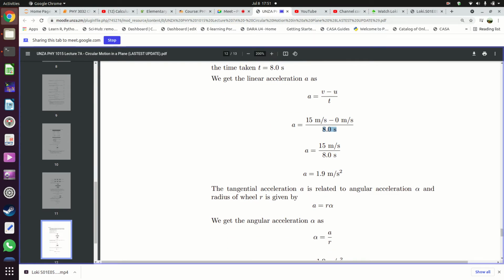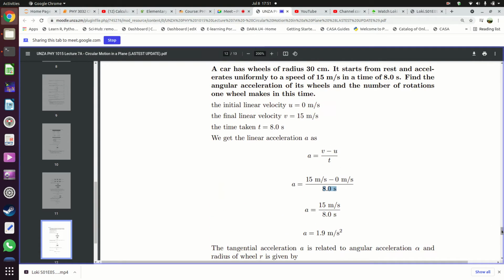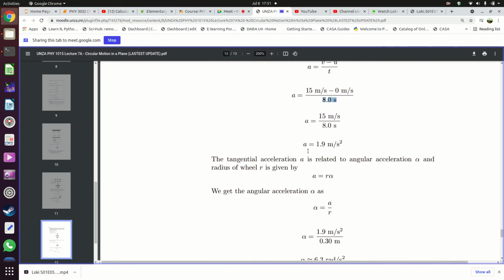But the question is not asking you for your linear acceleration. It's asking you for your angular acceleration. So from your linear acceleration, you know that your linear acceleration is 1.9 meters per second squared, but you know that linear acceleration a is related to angular acceleration like this: a equals r alpha. So you can find your alpha.